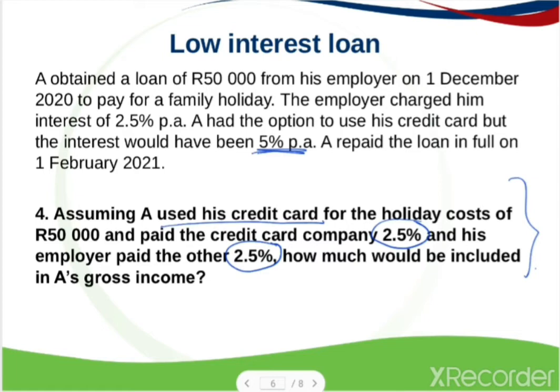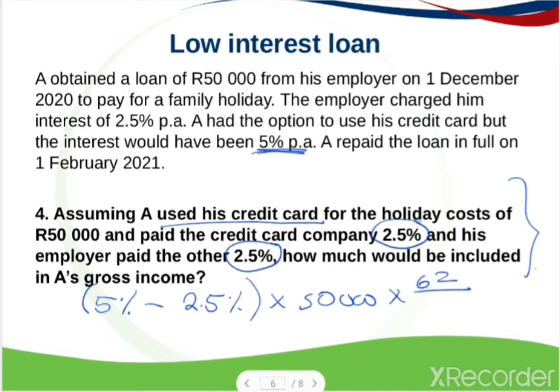So to work out this fringe benefit, you would take the market rate of 5% minus what the employer is contributing or subsidizing, and that you would then multiply by the capital outstanding of 50,000, multiply by the number of days that the loan was actually outstanding for, divided by 365.